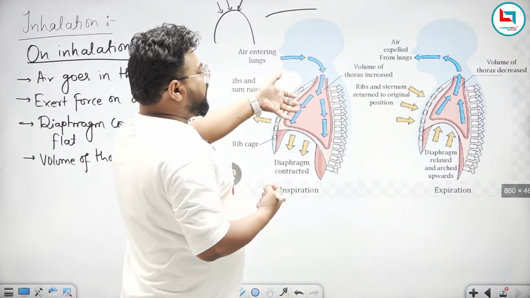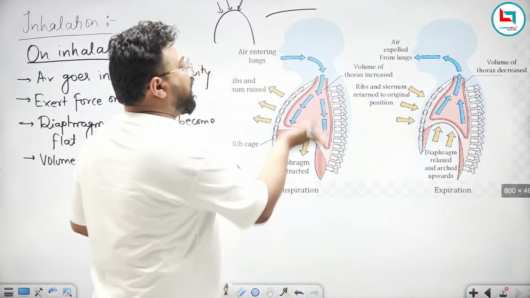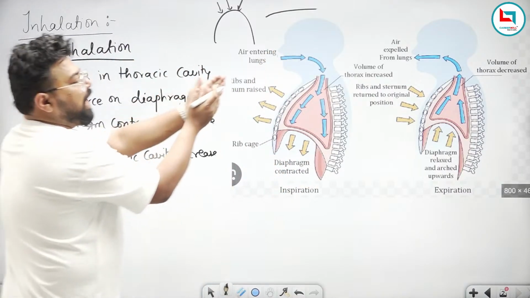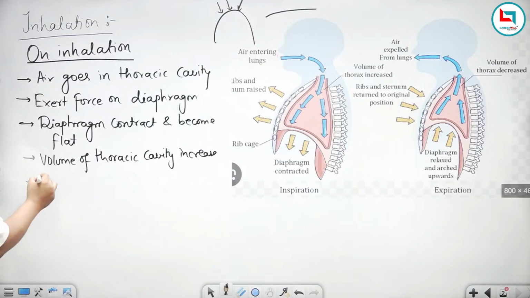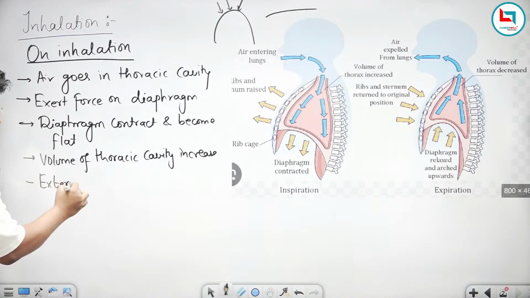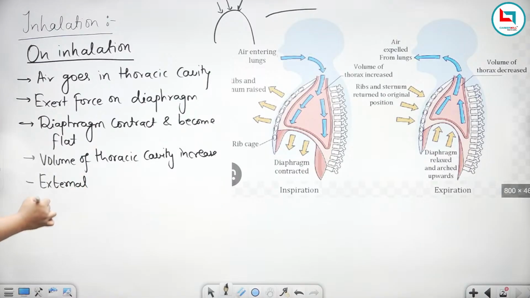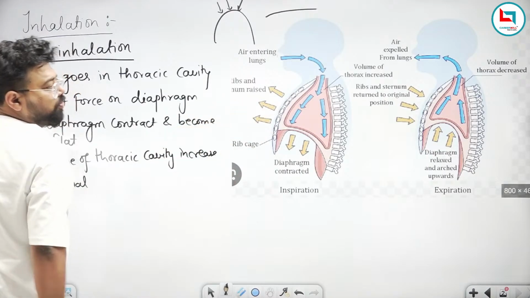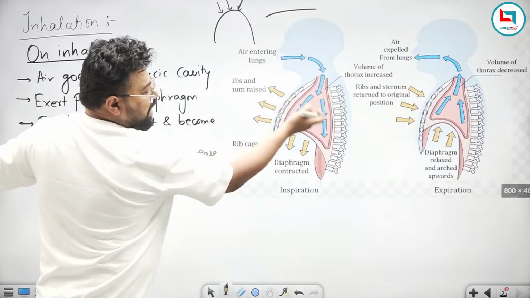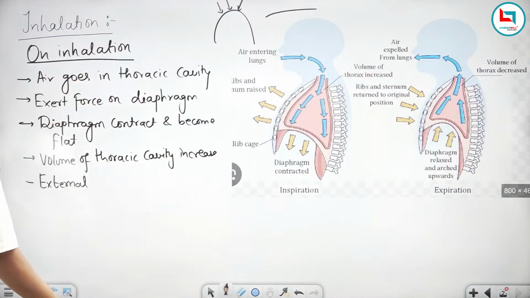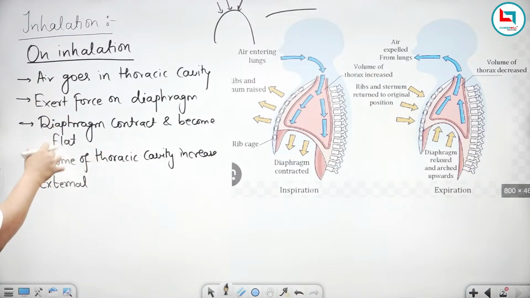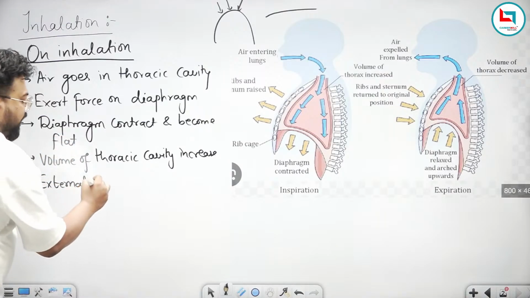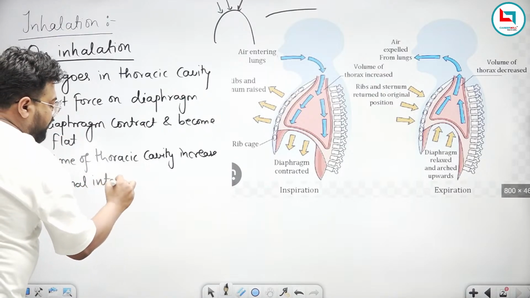So the rib cage comes outward and upward. This will also help in increasing the chest cavity or thoracic cavity. There are two different types of intercostal muscle: external intercostal muscles, and we have internal intercostal muscles too. What are intercostal muscles? The muscles which are present between the ribs.